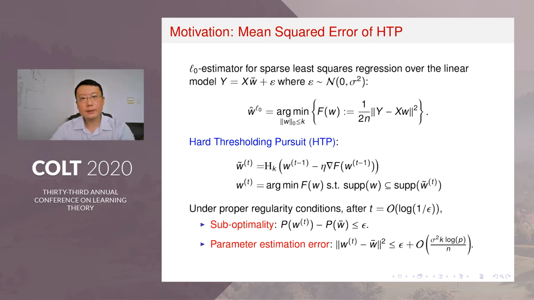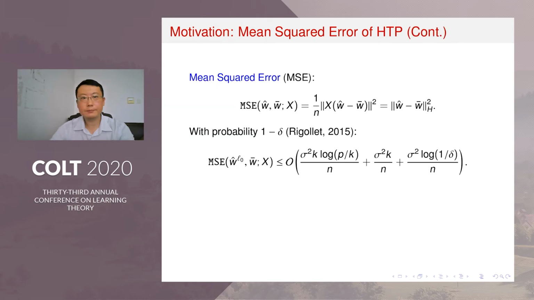So far, the sparsity recovery guarantees on HTP are mostly about the objective value suboptimality and the parameter estimation error. In the meanwhile, the mean squared error is often considered as the prediction performance measurement of a sparse vector.